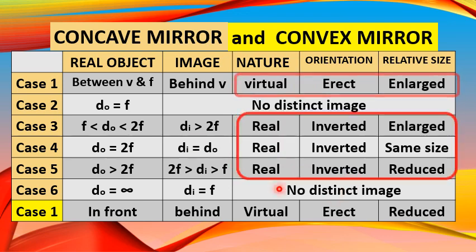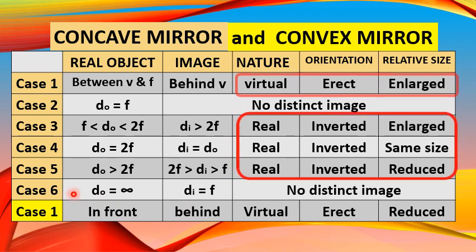So, the other two cases, case 2 and case 6, are those cases where there is no distinct image formed. That is, the object is located at the focus so that the incident rays from the object, when reflected, will not intersect. They will all be parallel to each other, so there will be no distinct image.